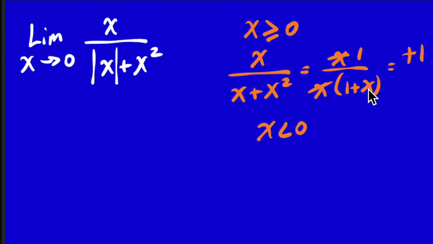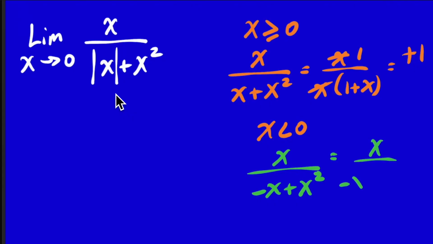The x's cancel out. When you insert 0 here, you're going to get positive 1. Next, for the situation where the inside of that absolute value is negative, that means we take the opposite of what we see. Everything else stays the same. The only thing that becomes opposite is what's inside the absolute value. Okay, so here we're going to pull out again a negative x. We're going to have 1 minus x.